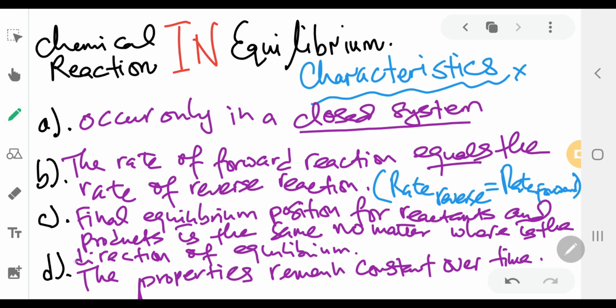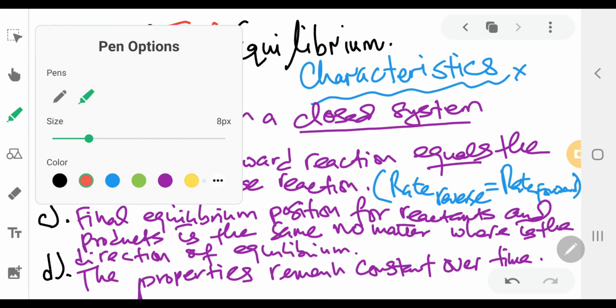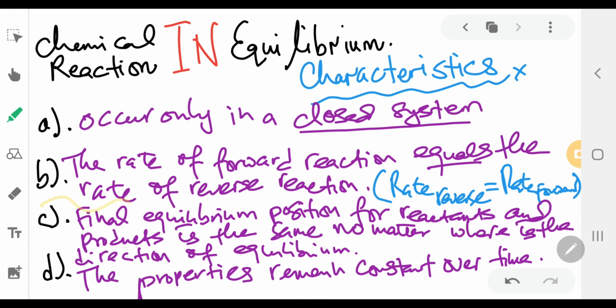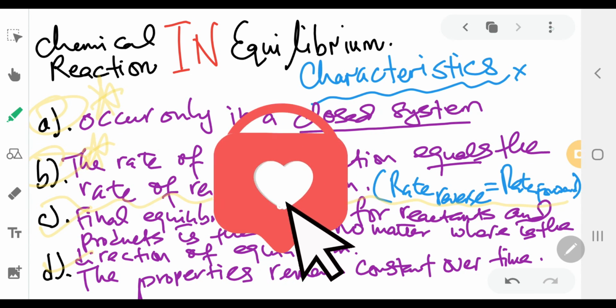So these are the dynamic equilibrium characteristics. Like I said, it's better for you to try to remember A and B. So these 2 are the most important characteristics. But if you're able to remember more, please try to remember C and D as well.